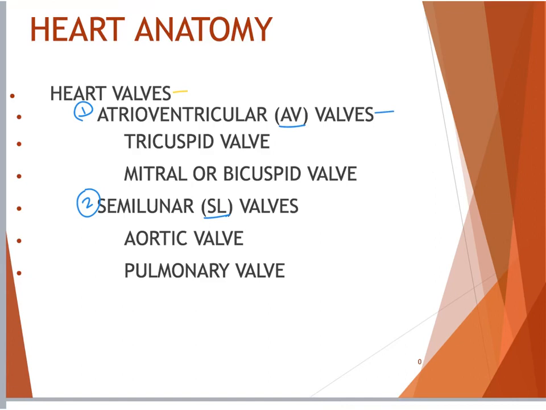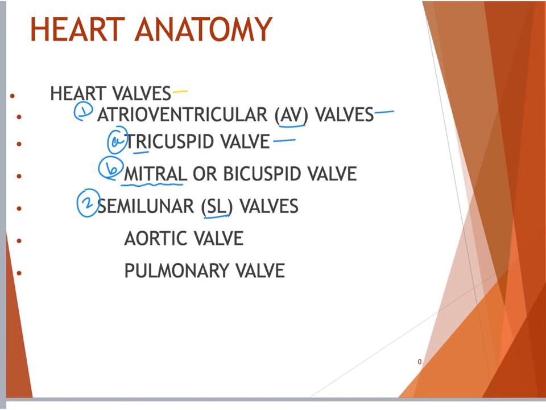There are 2 AV valves. We have the tricuspid valve. The tricuspid valve is found between the right atrium and right ventricle. It gets its name tricuspid because it has 3 cusps or flaps. The second AV valve is commonly referred to as the mitral valve.